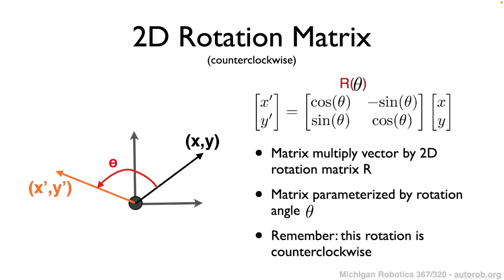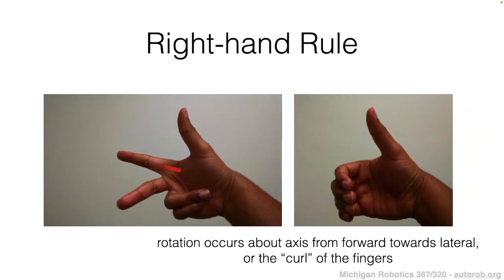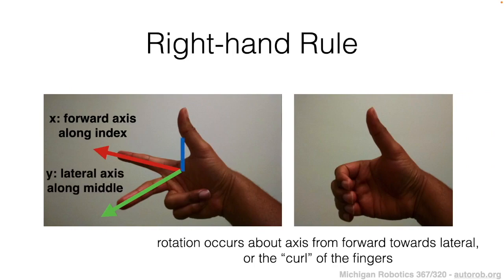And so one thing to remember is that this rotation is applied in the counterclockwise fashion. That's by convention. One way to always remember this idea of rotation in the counterclockwise direction is to remember what's referred to as the right-hand rule. The right-hand rule is a tool that you can use for remembering these properties about rotations.